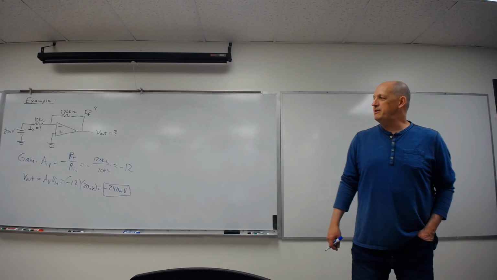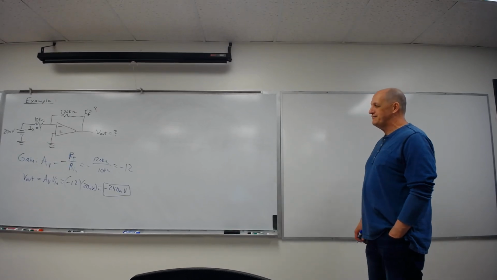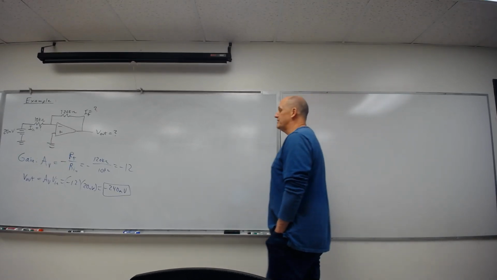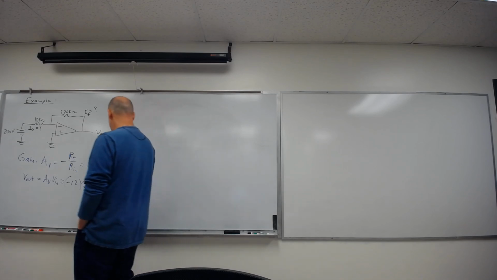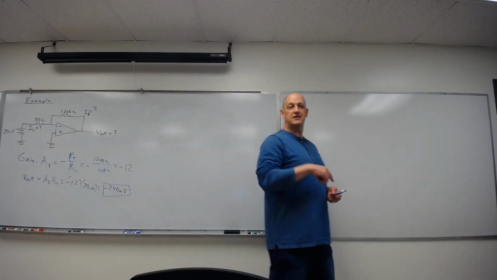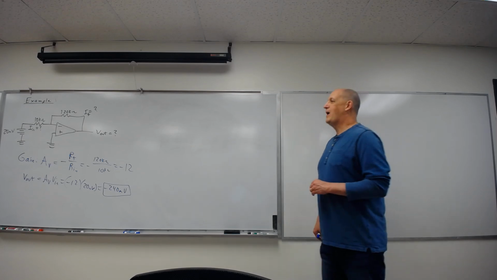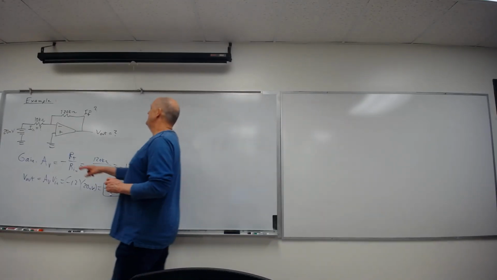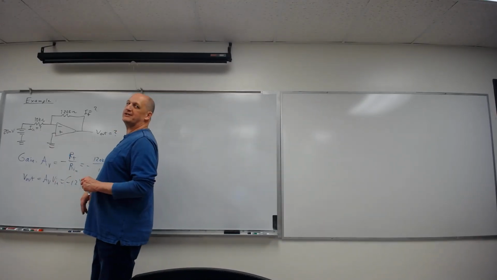So if I measure my output voltage, it's going to be minus 240 volts, or millivolts, I'm sorry. So my output is 12 times bigger than my input, and it's negative because it's an inverting op amp. This is why I have to have a positive and a negative power supply.